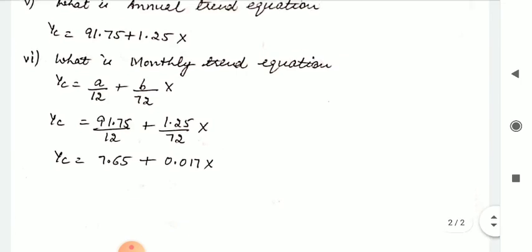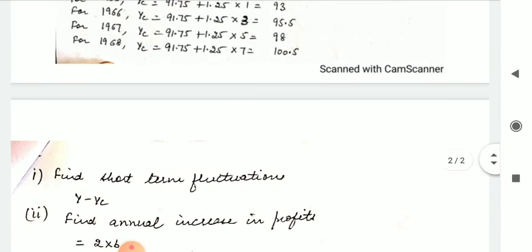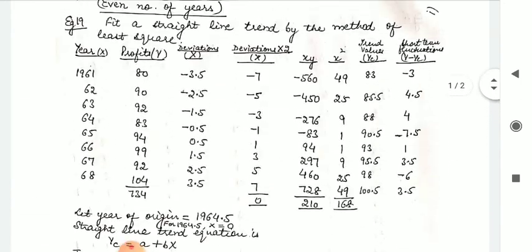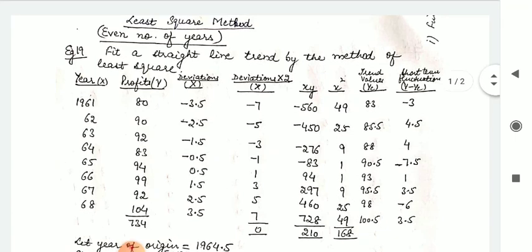So in this very lecture you have learnt about the least squares method, and it was the case of even number of years.